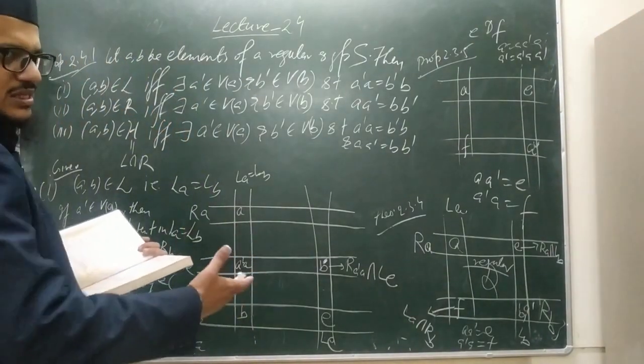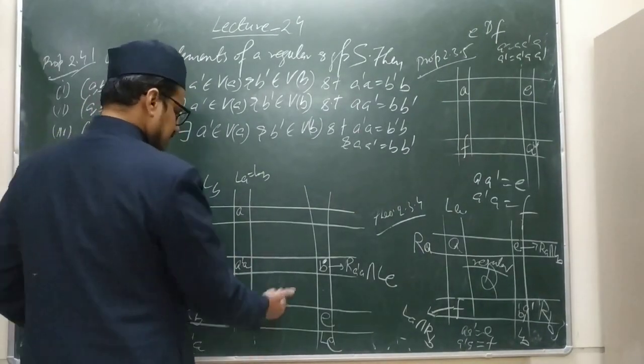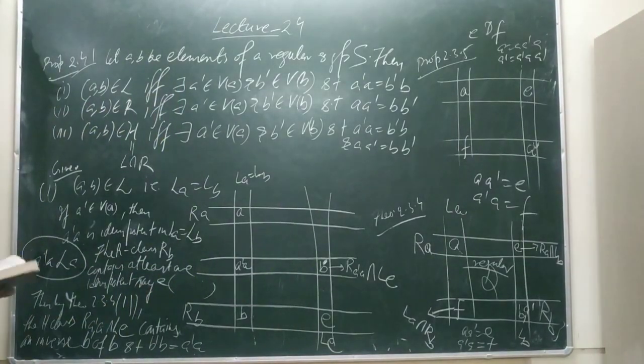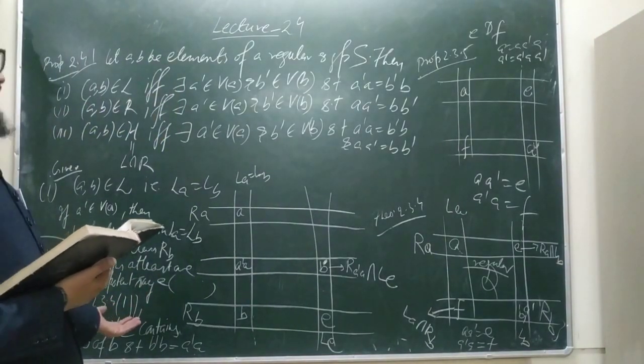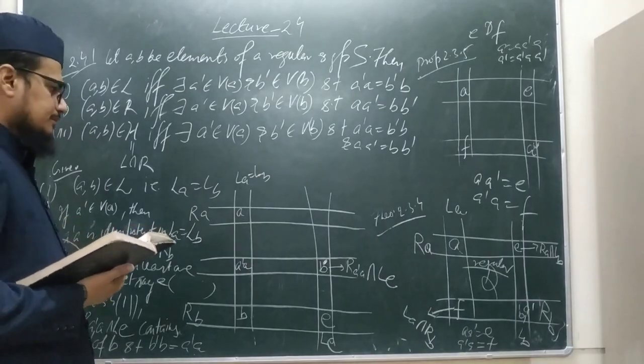And BB dash is E. B dash B is equal to A dash A and BB dash is equal to E. So in this way we have proved that B dash B is equal to A dash A, correct?